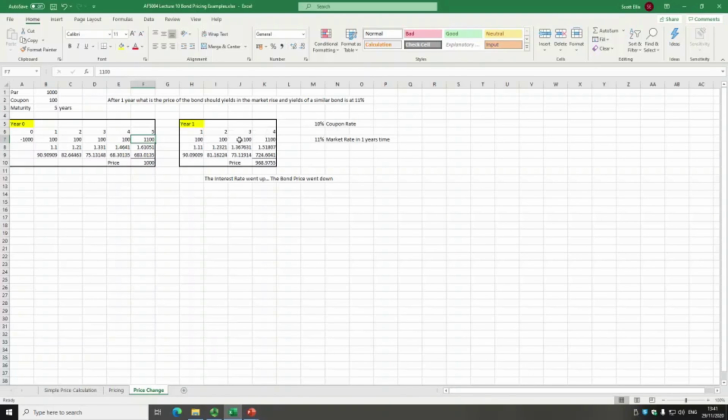So 3 coupon payments plus the par value and last coupon payment at the end there. And I've used the discount factor of 11% here rather than 10% before. And what you can see is that the bond price has dropped significantly over that 1 year due to that rise in market rate. So interest rates went up, bond price went down. So that's what I've tried to simulate there in the secondary market.